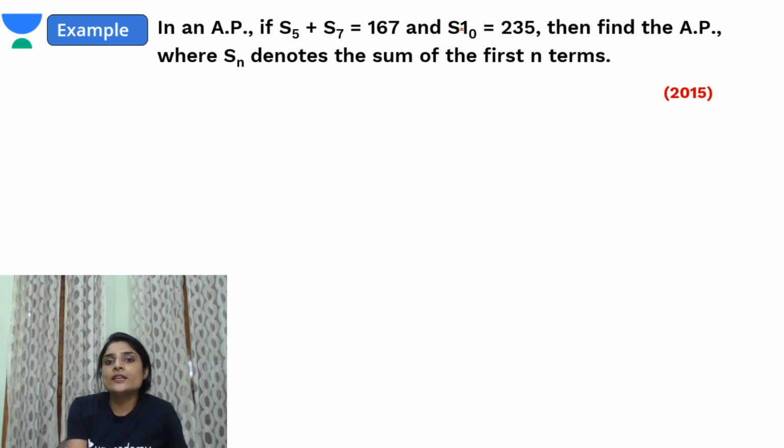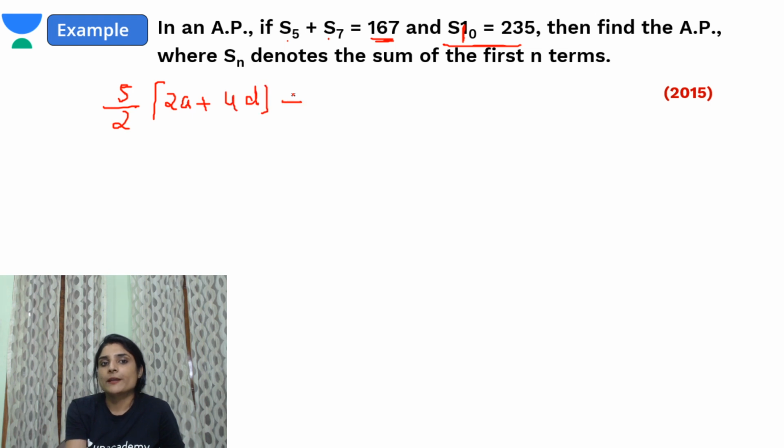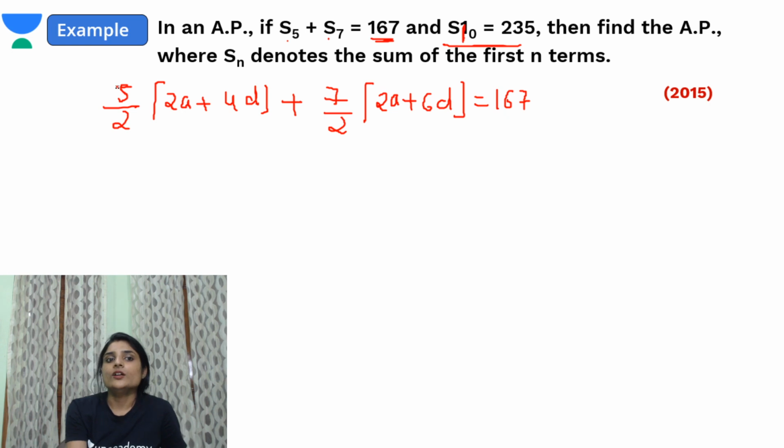If S5 plus S7 is equal to 167 and S10 is 235, find the AP. So S5, that means 5 by 2 into 2A plus 4D, plus 7 by 2 into 2A plus 6D is equal to 167. So you can solve this.